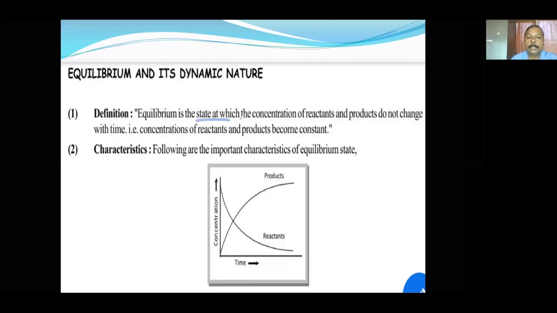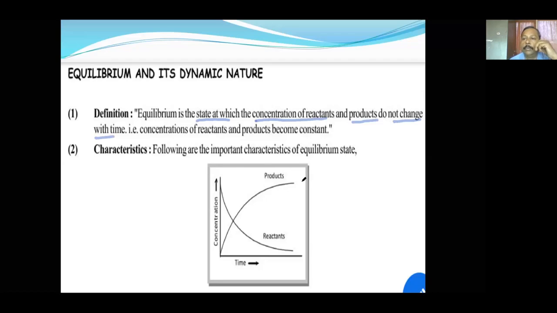Equilibrium is the state at which the concentration of reactant and product does not change with time. Before attaining equilibrium, there will be change in concentration. But once equilibrium is attained, the concentration is going to remain constant, as long as you do not disturb it by any stress.